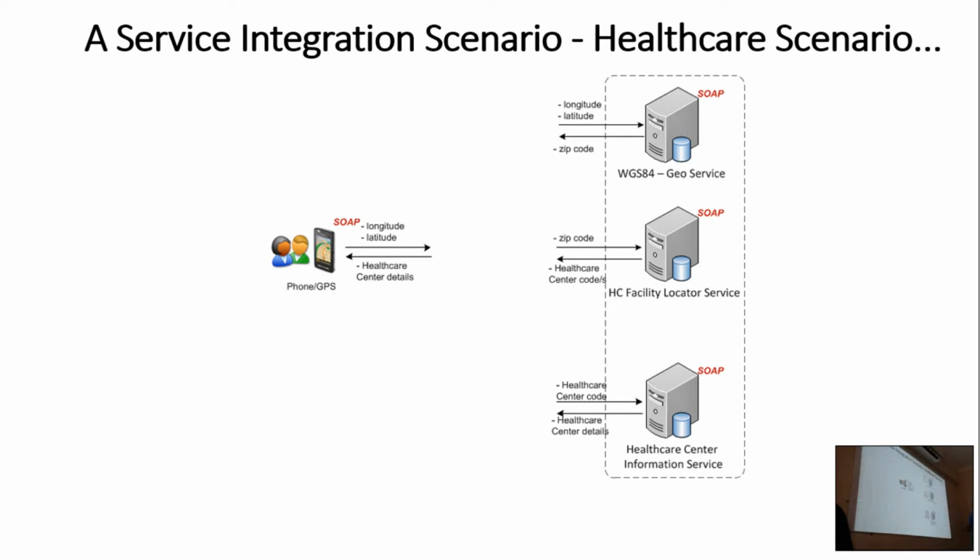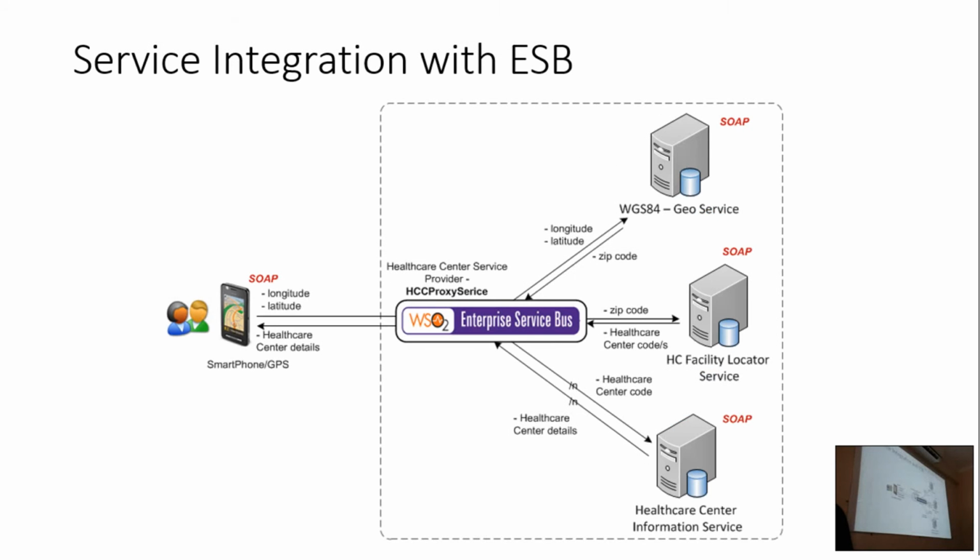Now how can we address this kind of scenario with an ESB? Something similar to what I already mentioned. As the client, you don't need to worry, you don't need to know anything about these services. What you should know is one interface, since you are interested in getting the nearest healthcare center details. For that, it communicates with this enterprise bus, the ESB.